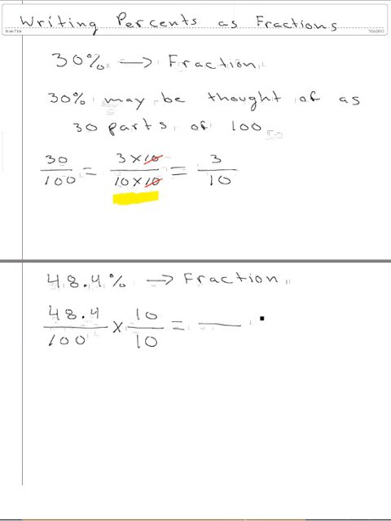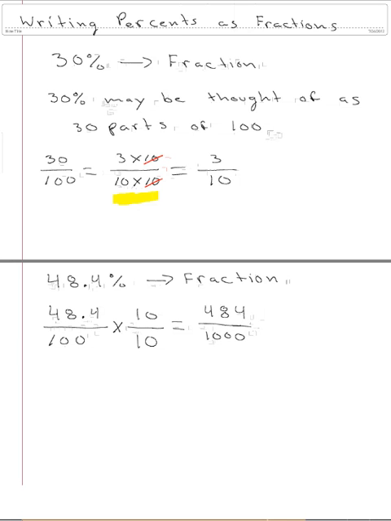As a result, 48.4 times 10 becomes 484, and 100 times 10 becomes 1,000. I now have 484 1,000ths. Again, since this is a fraction, I need to write this fraction in lowest terms.